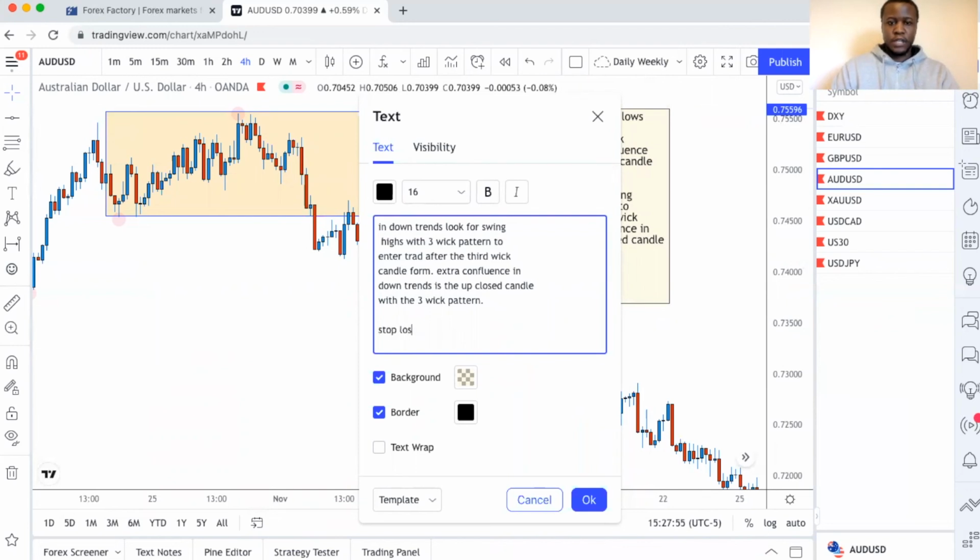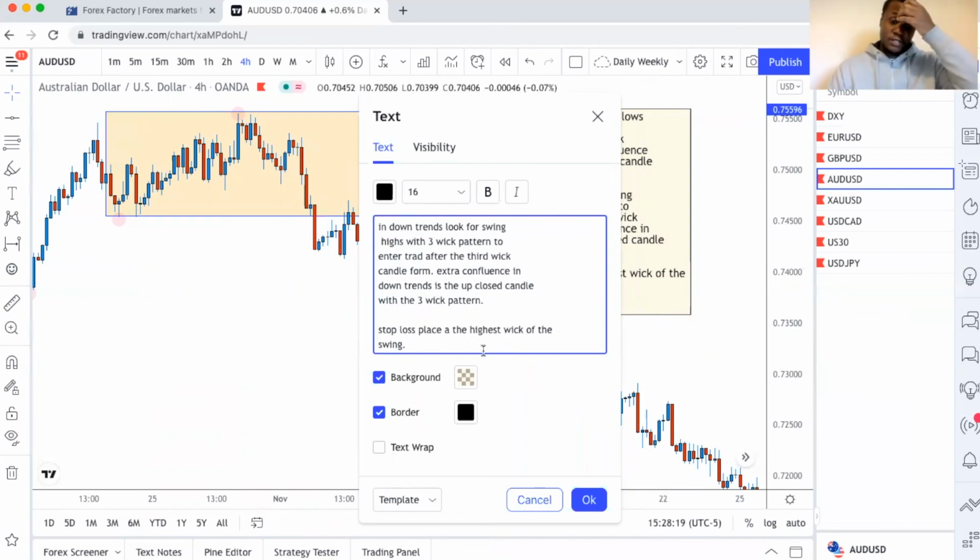Stop loss, please, at the highest wick of the swing. So that'll be the middle candle. So your stop loss is the top of the middle candle, the swing high in a downtrend, and the swing low of an uptrend.